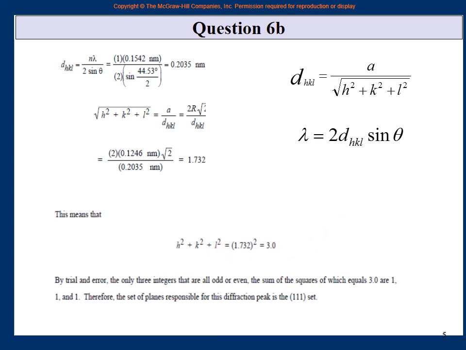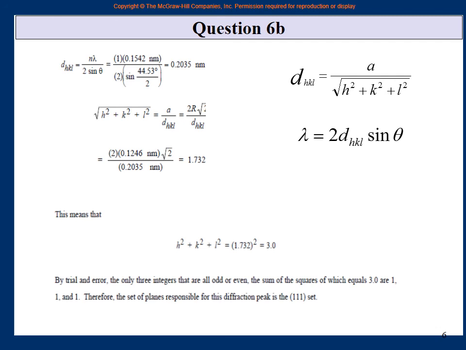Now remember, we know that for FCC, what was the rule? That reflection will be there if the Miller indices h, k, l are all odd or all even, right?